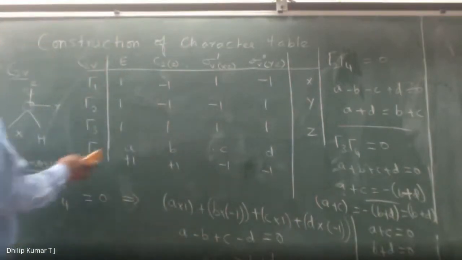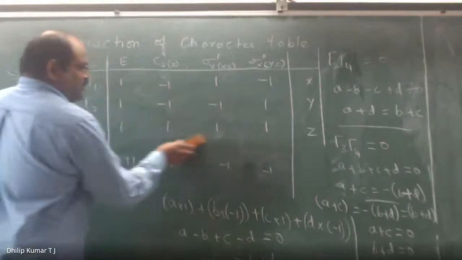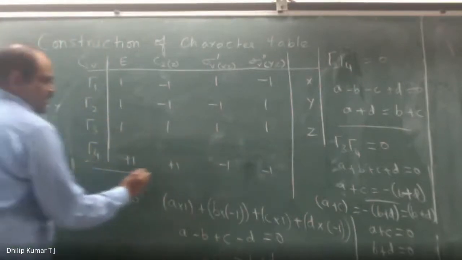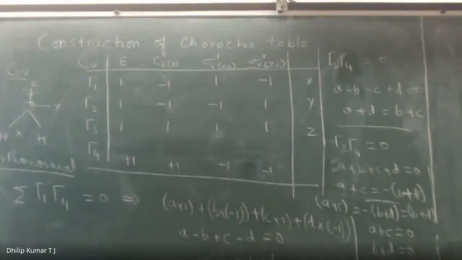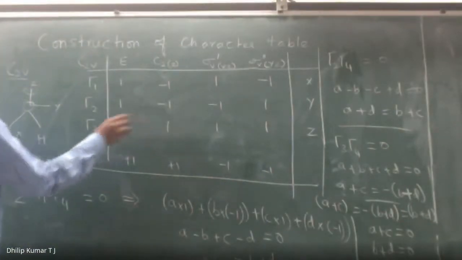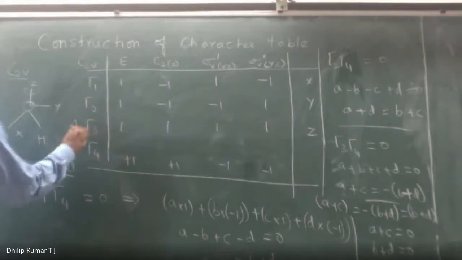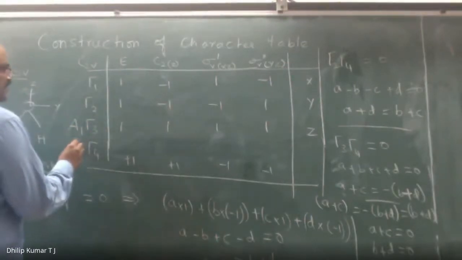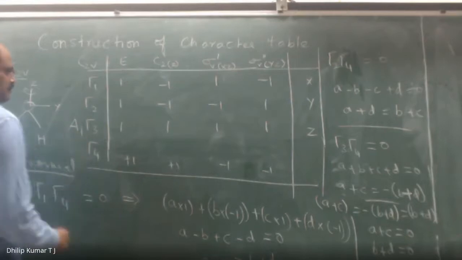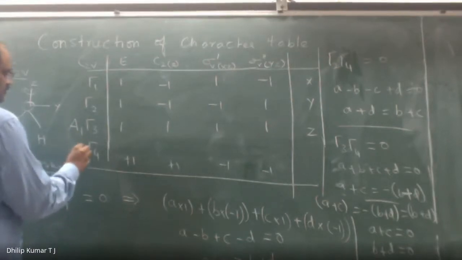So if you erase this, we got 4 IRs. And there is a notation for each one, right? So it's all 1, 1, 1, 1, which is called A1. Then 1, 1, -1, -1 is A2.